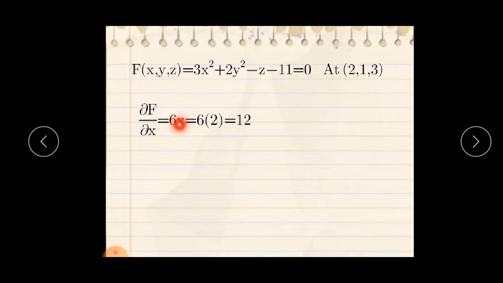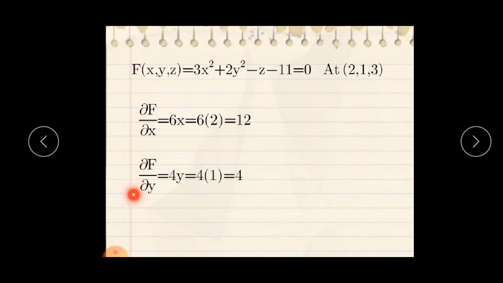And then we substitute the value of x in our given point, which is 2. So 6 times 2 is equal to 12. So this is the value of the partial derivative of the function with respect to x, which is 12.